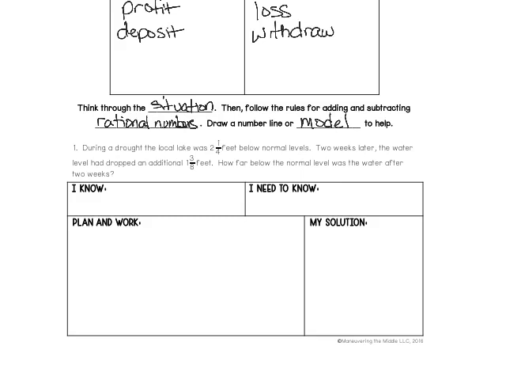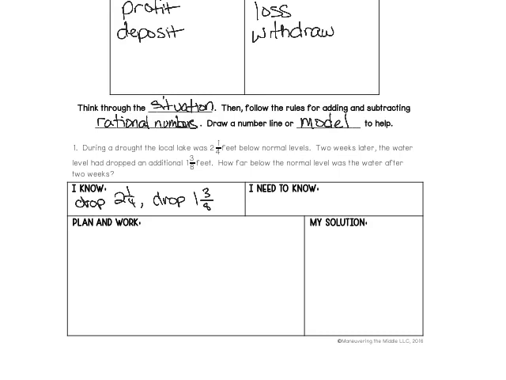So before we start thinking about exactly what we're going to do math-wise, let's think about what we know. The first thing it did was drop 2¼ feet. And then the next thing we know is it dropped again 1 3/8. So those are the two basic pieces of information we have.